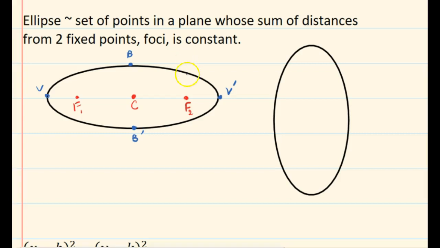The other thing we're going to know is that from our focus, if we go to each side of our ellipse, this distance is called the latus rectum, and we'll talk more about that as well. We can see that also happens over here.